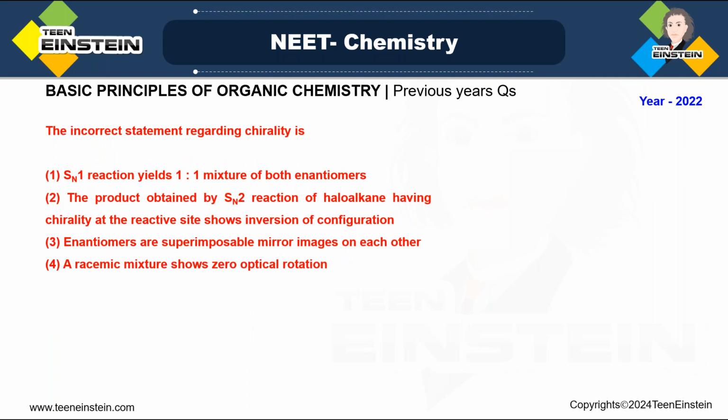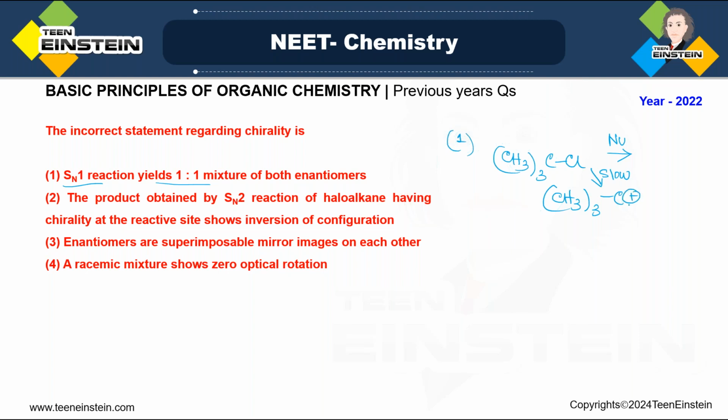The incorrect statement regarding chirality. The first one is saying that an SN1 reaction yields a 1:1 mixture of both enantiomers. So we'll try to see simply what SN1 is. Suppose I am starting with tertiary butyl chloride, that is Me3CCl. Now there is some nucleophile attacking, but before the nucleophile attack, first there will be generation of this type of carbocation, and that is the rate determining step or slow step.